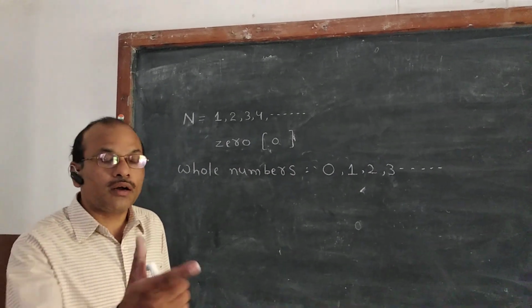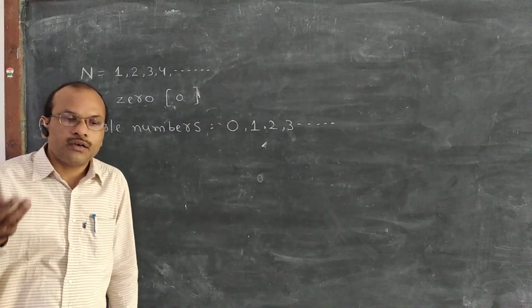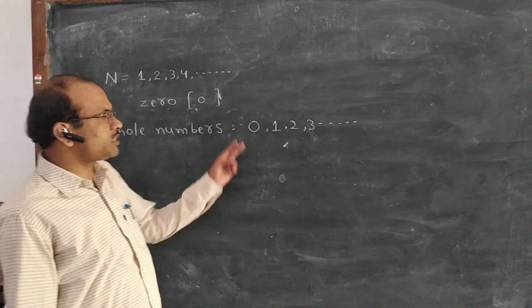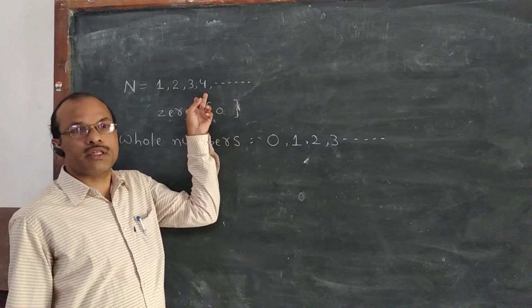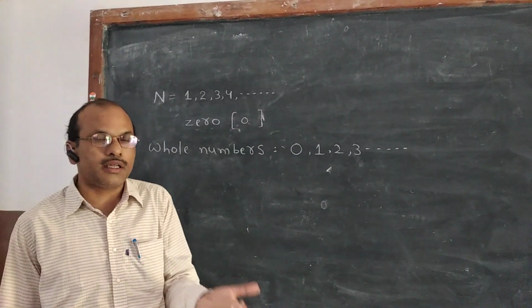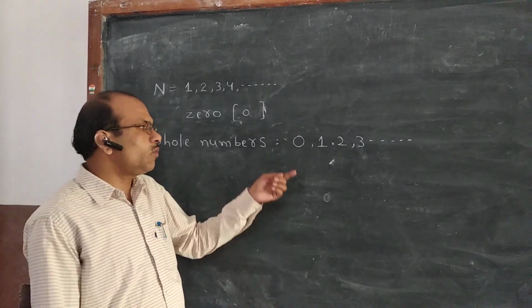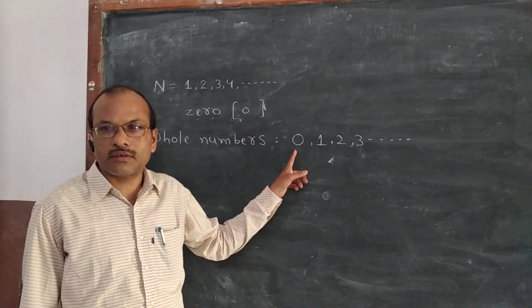Now we are coming to another example. Whenever we have money, we can express it with natural numbers, or count it with natural numbers. But when we don't have anything in our hand, in the case of counting money, we can express that we have 0 rupees, or no money.